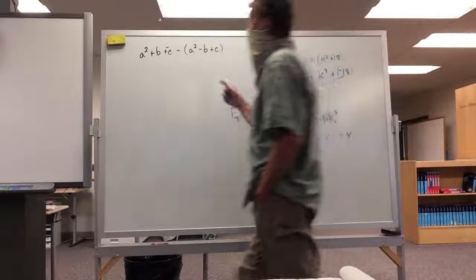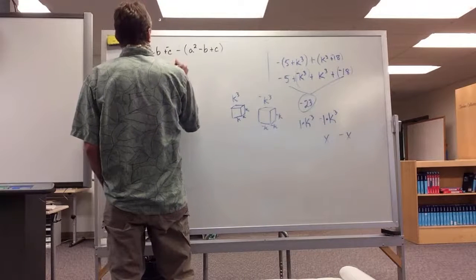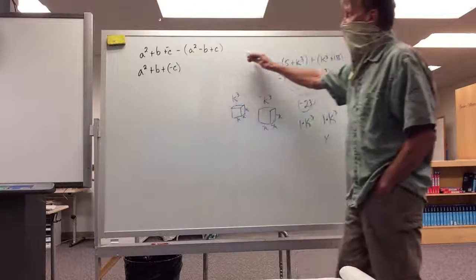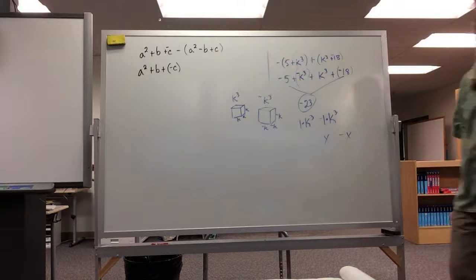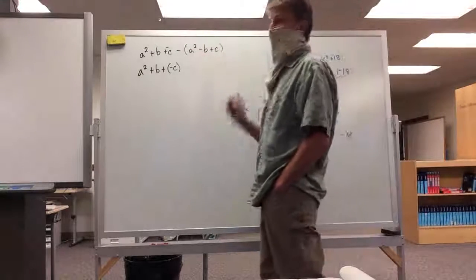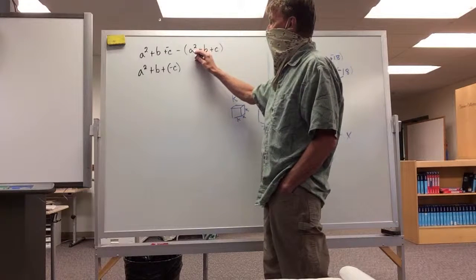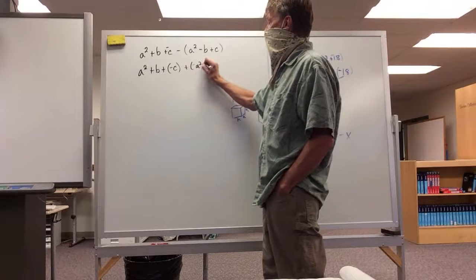So I'm going to rewrite the beginning of this. And now, when we remove the parentheses, what happens to all of that? It would not stay the same, because we're subtracting it. So if we subtract an a squared, we would write that plus a negative a squared.